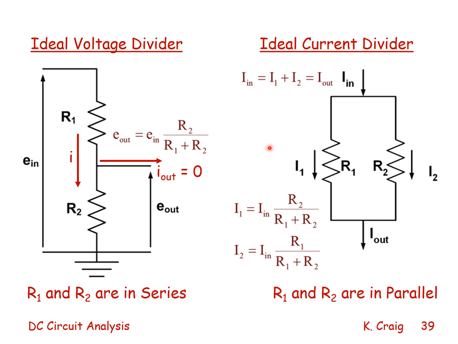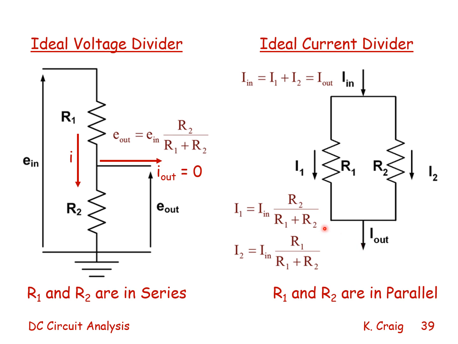The current divider, shown here, has an input current I in, which then splits. Part goes through R1, part goes through R2. The currents come together, and I out equals I in. Using KVL and KCL, in both the voltage divider and current divider, will result in our application rules.